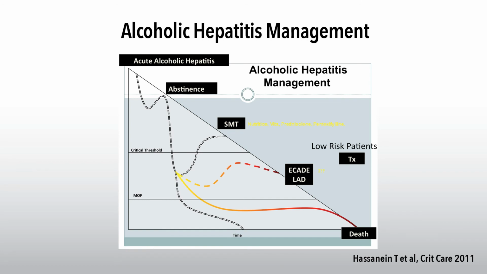What are the steps in alcoholic hepatitis management? Abstinence, support, nutrition, vitamins, prednisolone as a strong consideration, pentoxifylline as a softer consideration, referral to a liver transplant center, and referral to liver centers that may have research studies ongoing in managing alcoholic hepatitis, so we can further advance the care and improve the survival of these patients who in general are going to have limited access to organs.